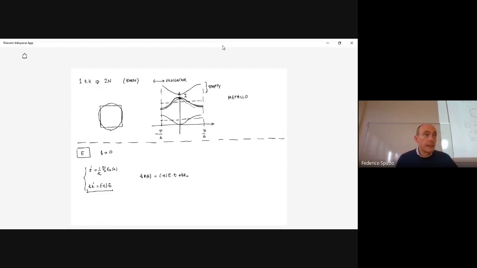And we also may divide everything by h bar. So we have that k of t is equal to minus e E divided by h bar times t plus k0, where k0 is the initial level that is occupied by the electron before the application of the electric field.